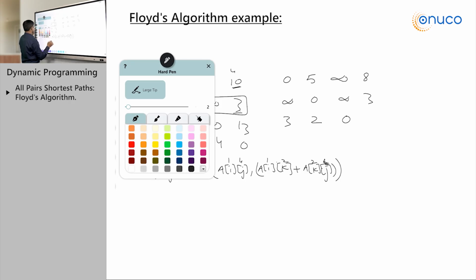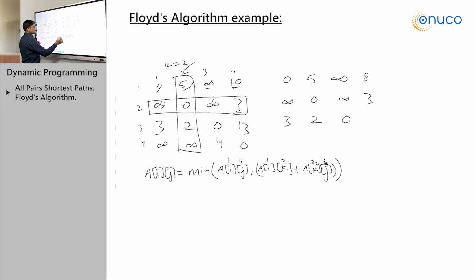K remains the same, K is 2, but if you see that this is third row, fourth column, so I is 3, A of 3, 4, comma, A of 3, 2 plus A of 2, 4.